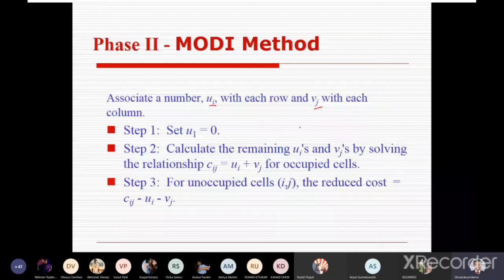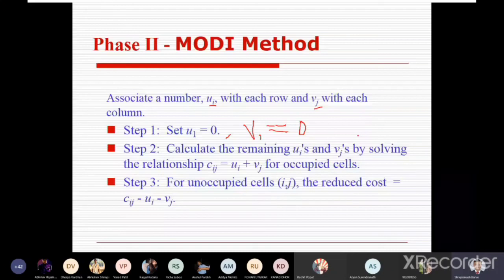Initially, we make either U1 equal to 0 or V1 equal to 0, and we calculate all the U and V values. Whether U1 equals 0 or V1 equals 0, there is no change in the final answer; you will get the same answer.